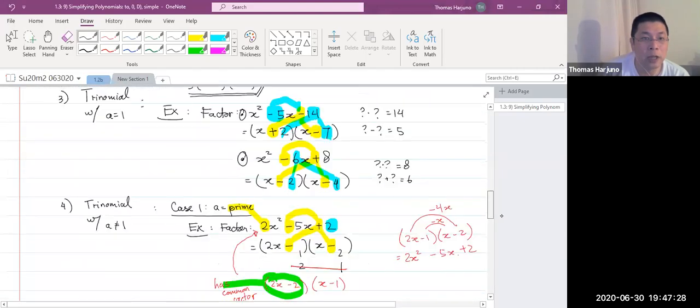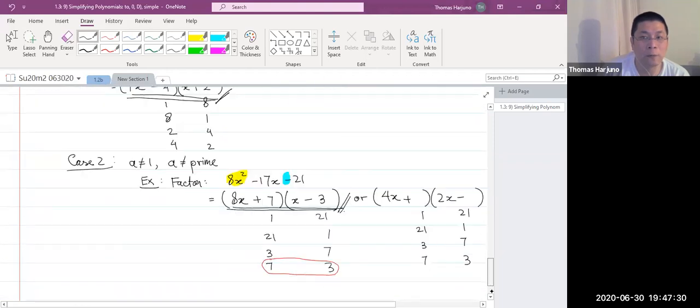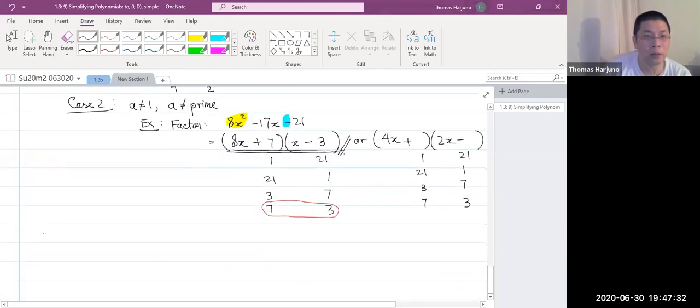Okay, now that's the 4th method. The 5th method is special factoring. Now the first one is on difference of squares.